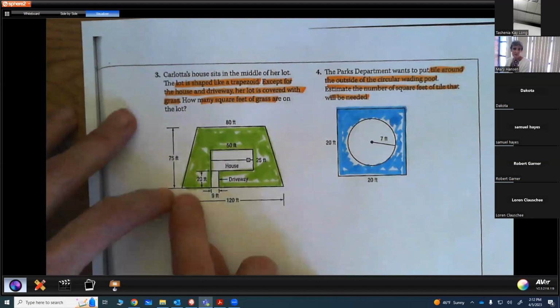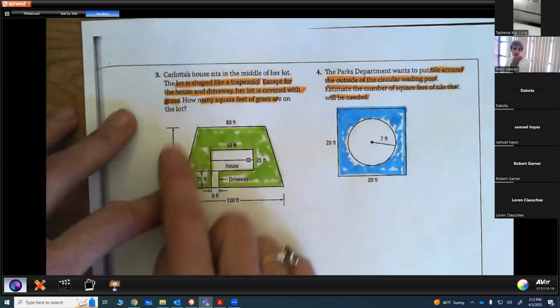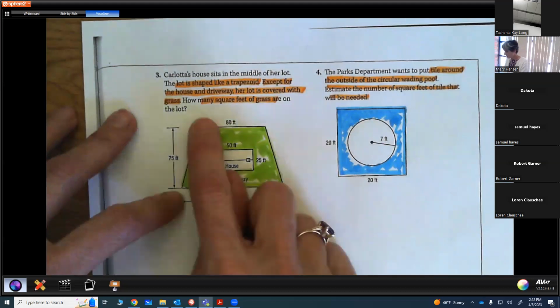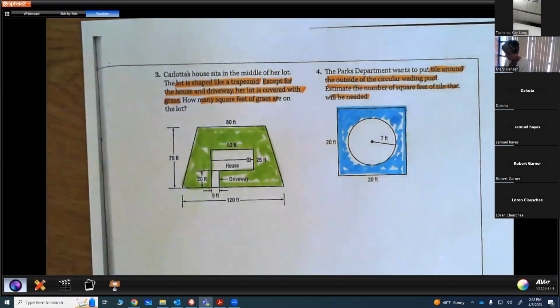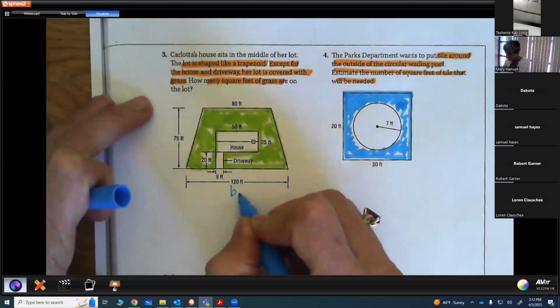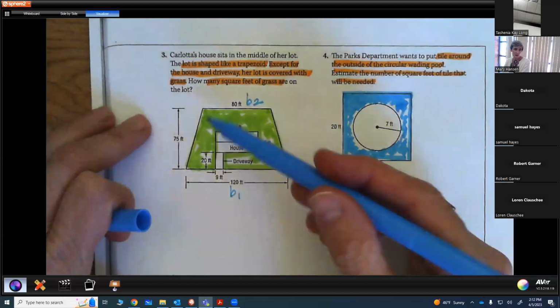So you remember, a trapezoid has 2 parallel sides and then 2 sides that are not parallel. The parallel sides are the bases. So we would have B1 and B2. And then the height is the distance between B1 and B2.